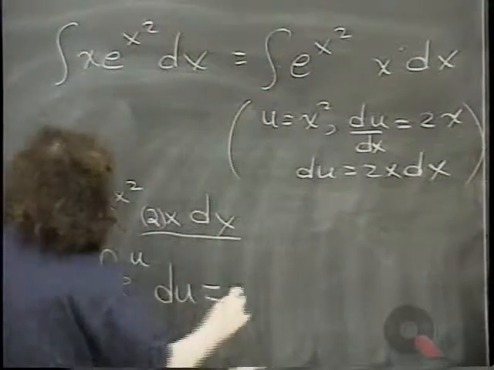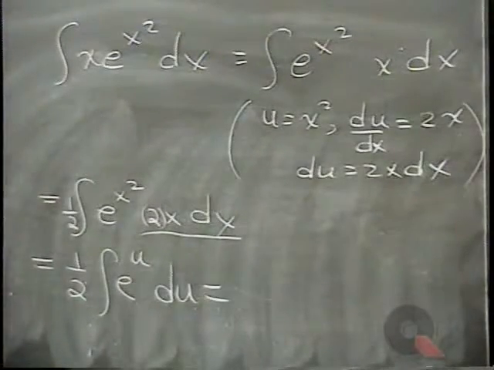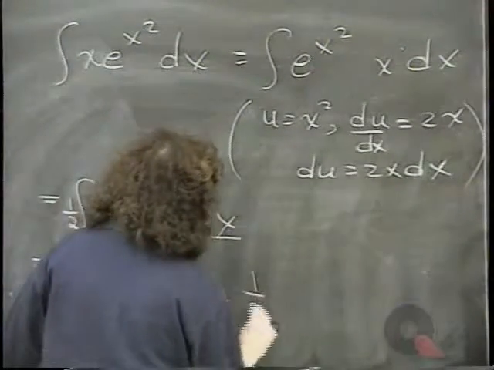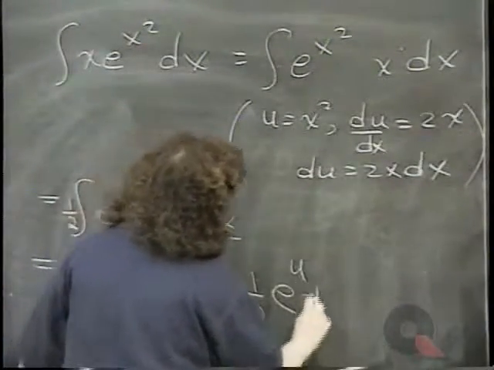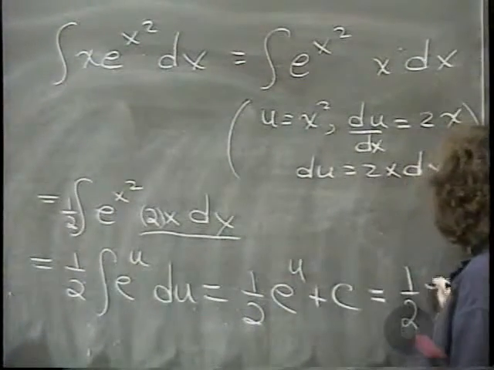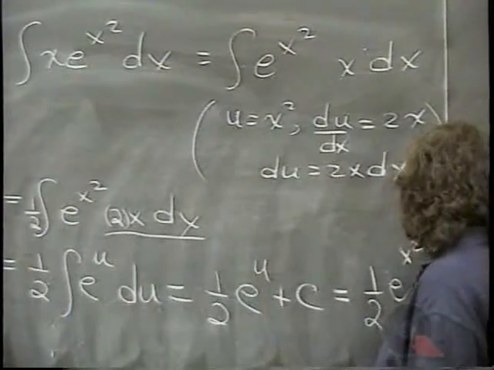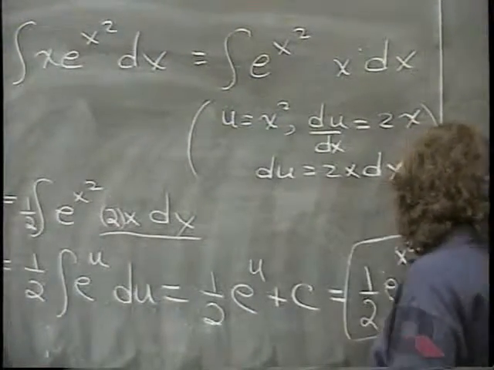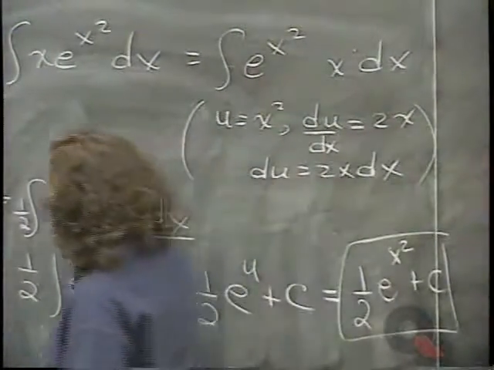This, of course, is one of our basic formulas, and the integral of e to the u du is e to the u plus a constant, and going back to x, it's 1/2 e to the x squared plus c. Okay, so this was in basic form.